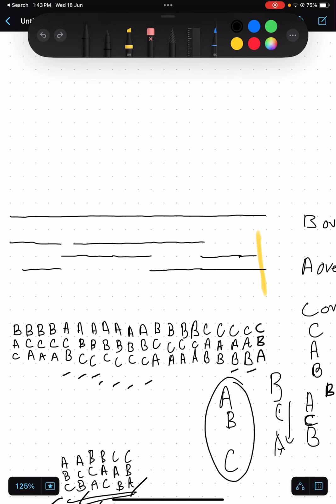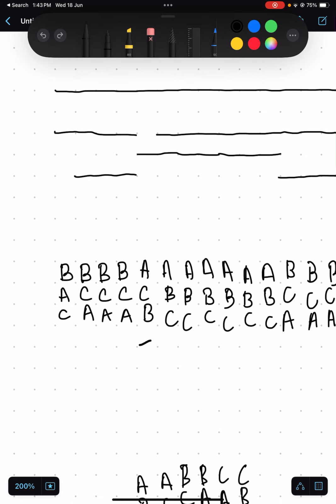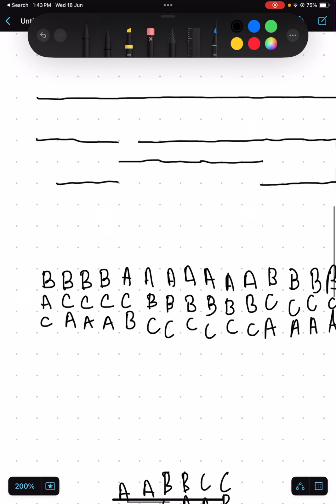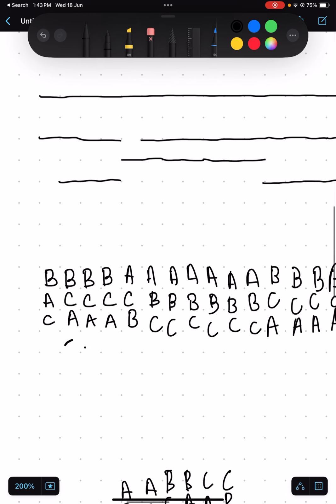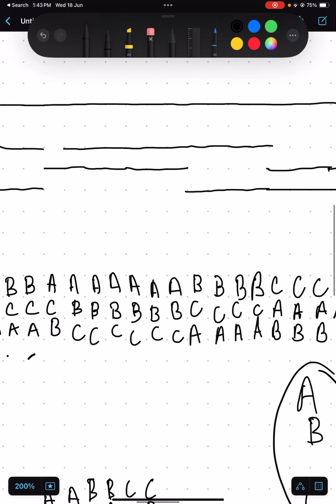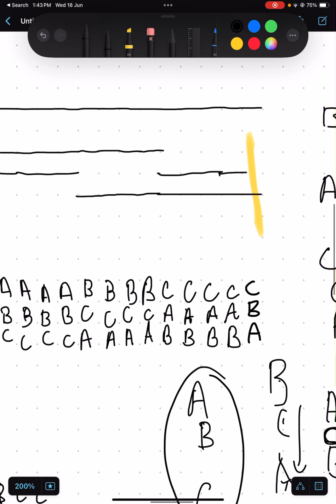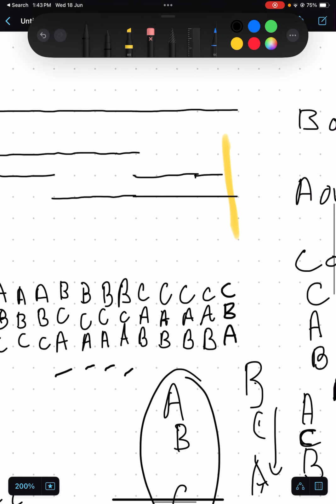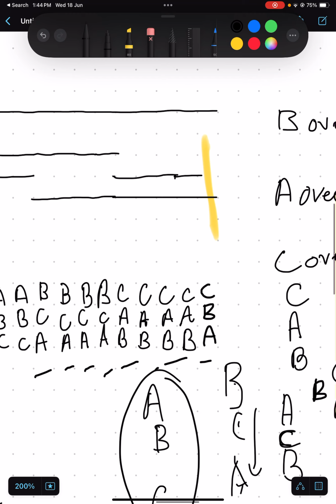Yay, good for us. Now let's ensure we have 12 cases where C comes over A. One, two, three, 4, 5, 6, 7, 8, 9, 10, 11, 12. There we go. We have 12 such cases.